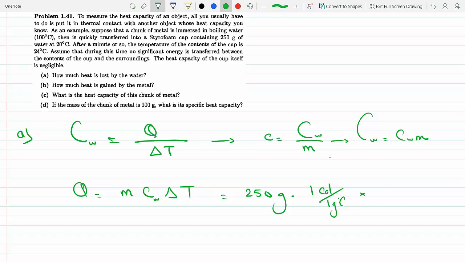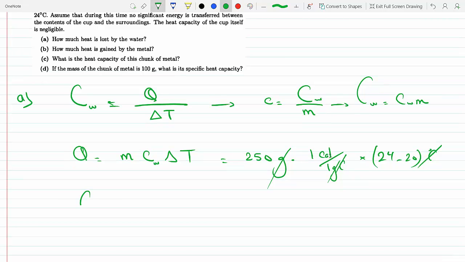In that case, this would be the change in temperature of the water in the styrofoam cup, which is equal to 24 minus 20, and this is Celsius. So Celsius cancels, grams cancels, and you can see we will get the answer in calories.